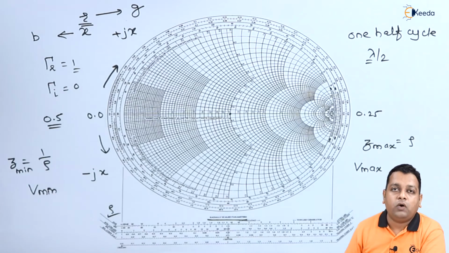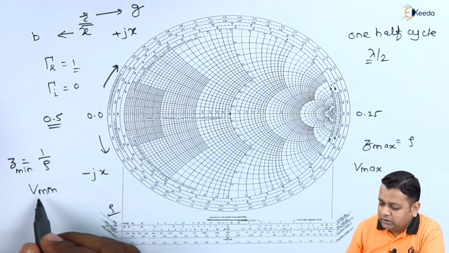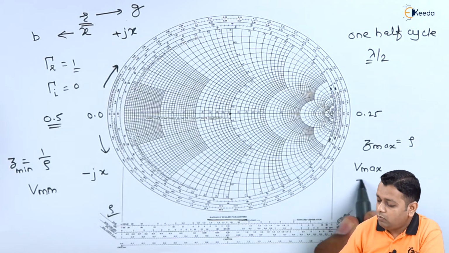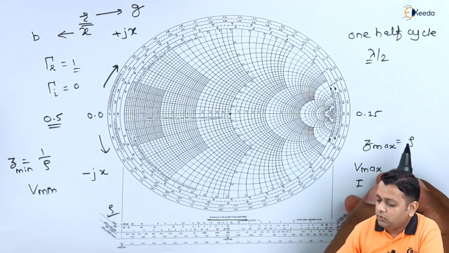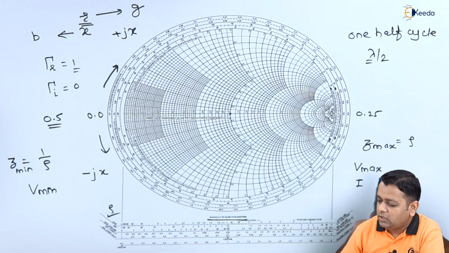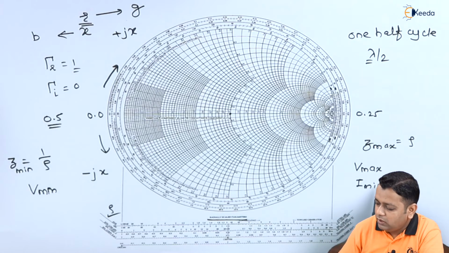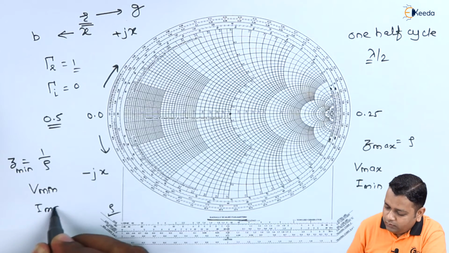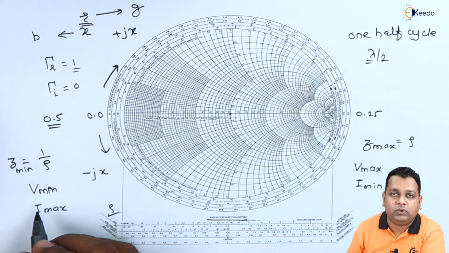We know that when we have the maximum of the voltage, we find the minimum of the current. So on the right hand side we obtain V max along with I minimum, whereas when we have V minimum we obtain I maximum.